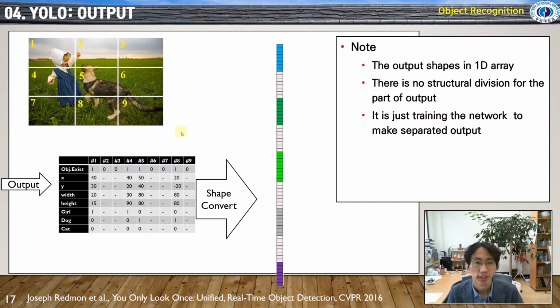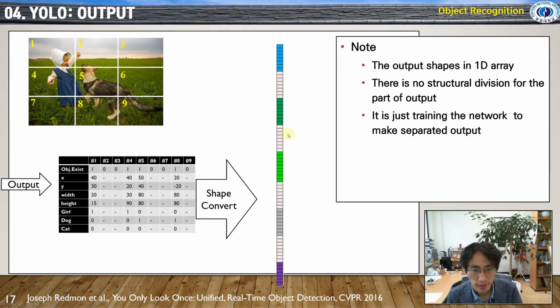We just wish that inside the network it may separate the whole image into localized outputs. So if there is an output where an object is found here, then it means cell number 1 has an object.